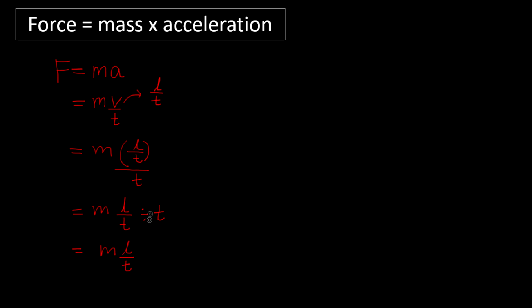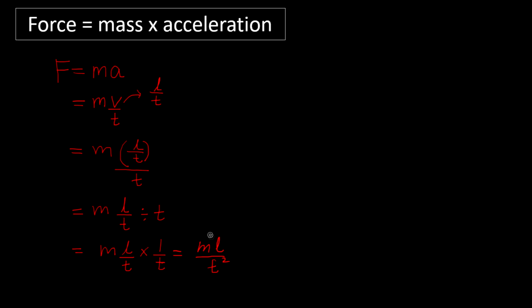Now, when you have this sign, divide, it can be changed to times, but this becomes like that. So it becomes M, this is 1, this is 1, this is L. So, ML over T square.